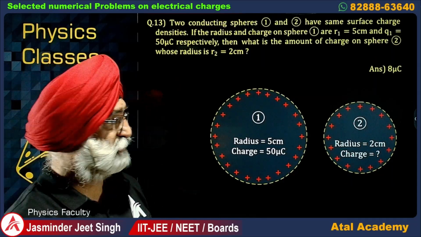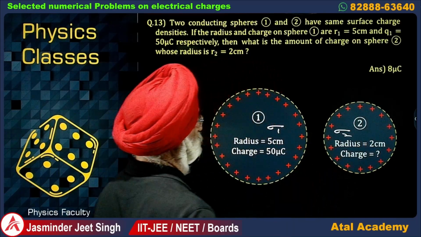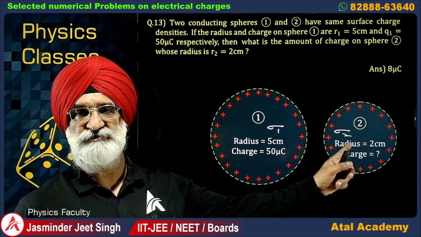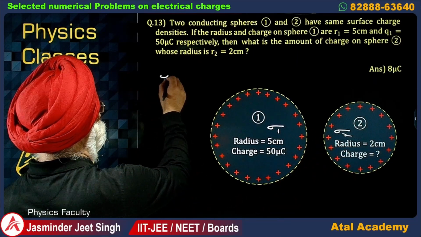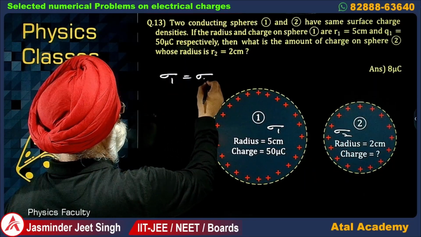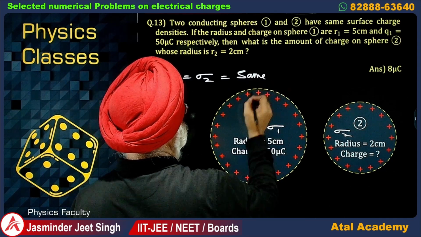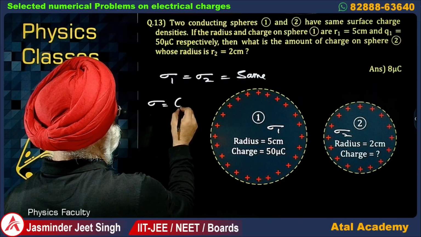But it is given that the two spheres have the same surface charge density. If the surface charge density of sphere 1 is sigma 1 and of sphere 2 is sigma 2, it is given that sigma 1 is equal to sigma 2, so we can say that sigma is a constant term.